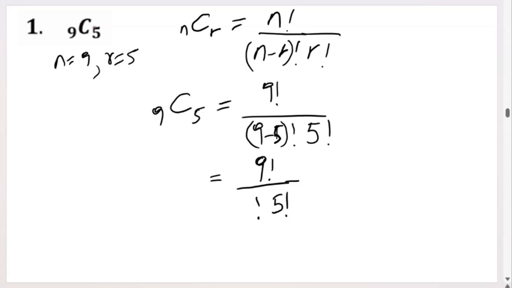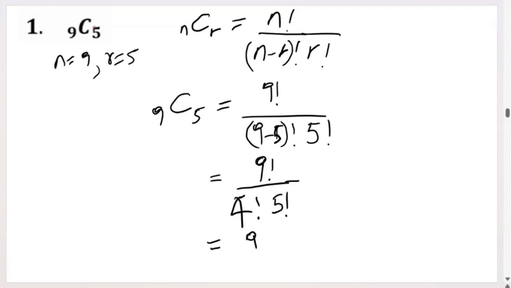So this is going to be equal to 9 factorial over 4 factorial times 5 factorial. So you want to simplify. I've got my numerator and my denominator. Let me deal with my numerator.